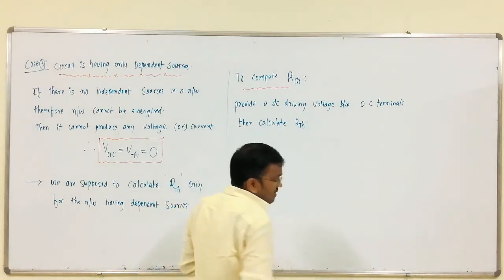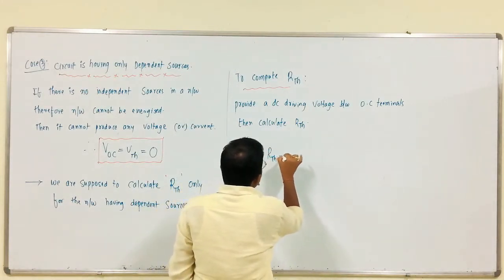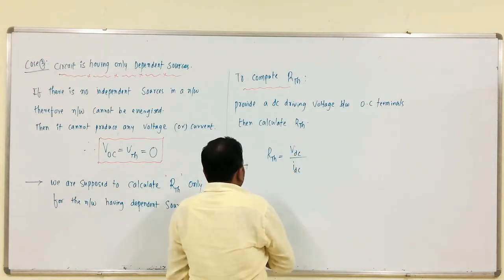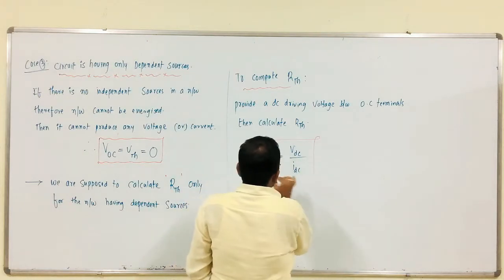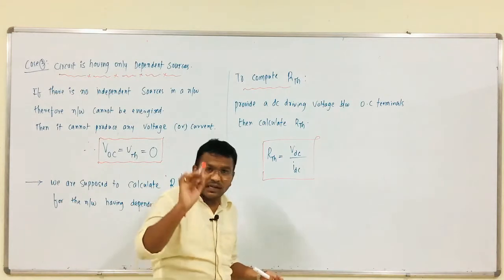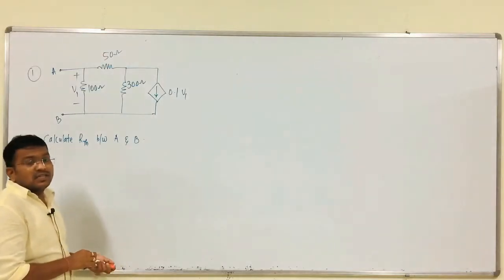So, because of DC driving voltage we have IDC, therefore, RTH is equals to VDC by IDC, that is it. So, the network which is having only dependent sources, for that networks we have to calculate only RTH, that is it. Let us discuss this problem.